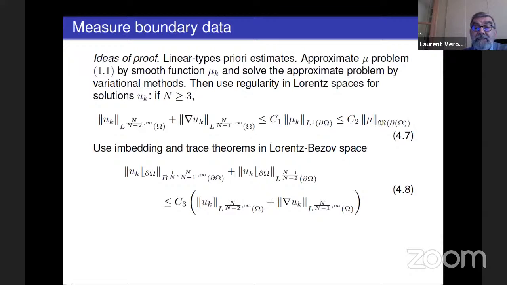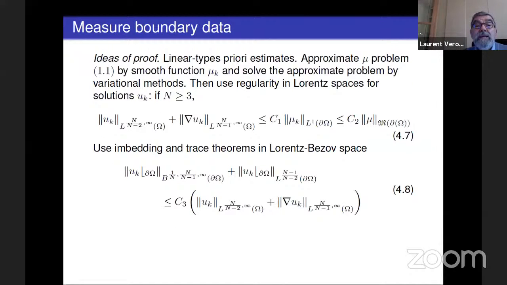So you get this type of estimate: the trace of u on d omega in the Besov space B 1 over n, n over n minus 1 infinity, plus the second, which is more natural, u_k in L n over n minus 2 of d omega, is bounded by what you have here. That means u_k in L n over n minus 2 infinity and grad u_k in L n over n minus 1 infinity.